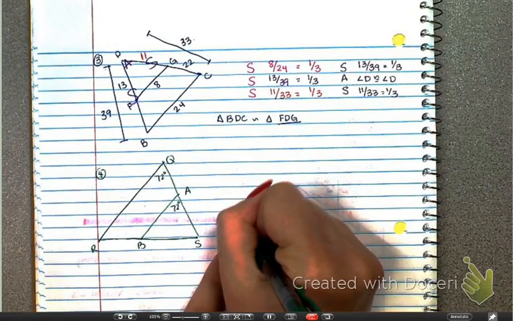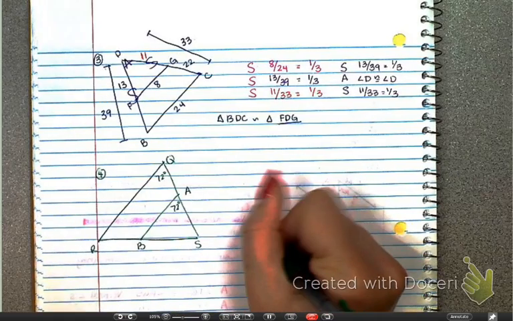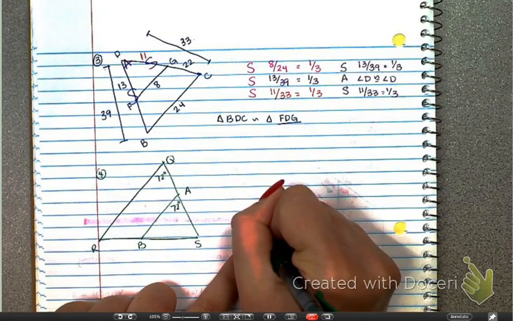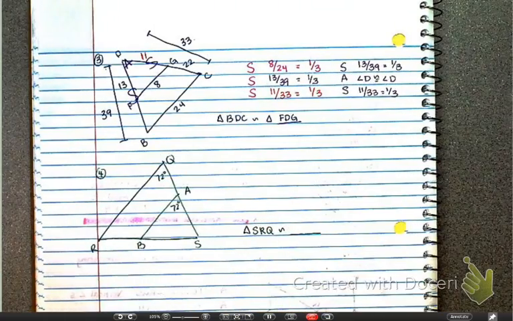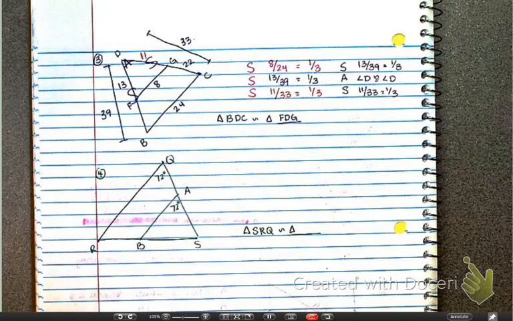So figure out which one of the 3 you're using. And then you'll fill in your similarity statement. Okay, so with your group, I want you to figure out which one of the 3 and then fill in your statement.